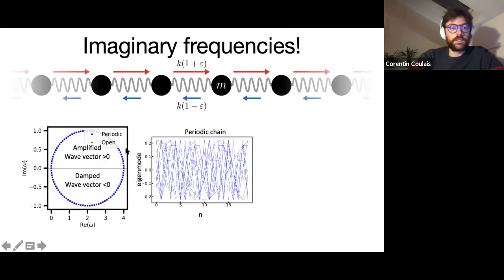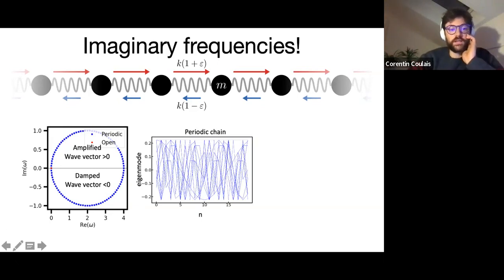If you look at the modes, they look like normal phonons, like sine waves, essentially. But what's interesting is that the half of the modes that are amplified all have a positive wave vector, while the half that are attenuated have a negative wave vector. And so that means that only the forward propagating waves will be amplified, while the backward waves will be attenuated.